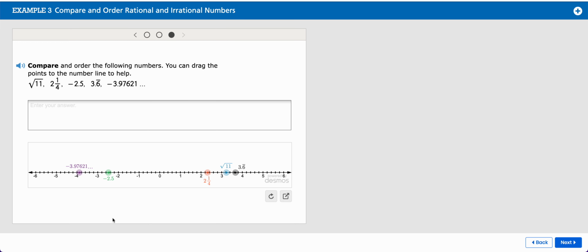All right? So, guys, that's what you need to be able to do. Make a number line and put each individual number onto the number line. I could put 2 1/4 onto the number line before I even worried about figuring out what square root of 11 was, right?